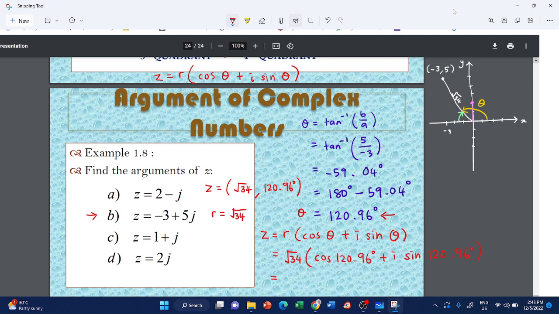Can you evaluate cos 120.96 degrees and then multiply with square root 34? What is the number that we have?